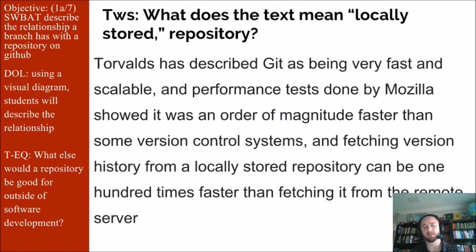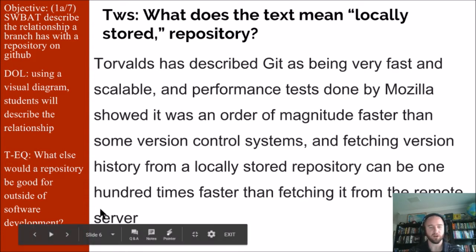I know the speed of light is fast, but still, having the speed of light work on your laptop itself rather than traveling across the country to whatever server the repository is on is going to be so much faster. So that's what GitHub will allow you to do, is download that repository.